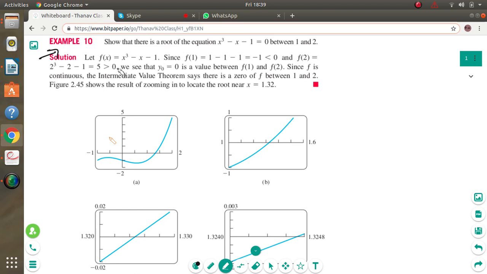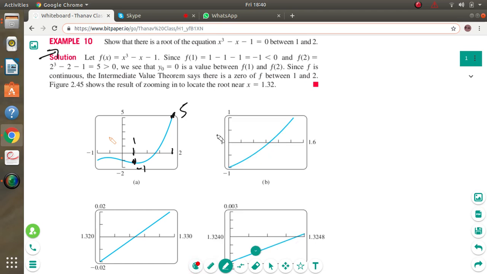You can show that there is at least one root between these two values because there is a sign change. So f of 1 is minus 1, and f of 2 is 5.